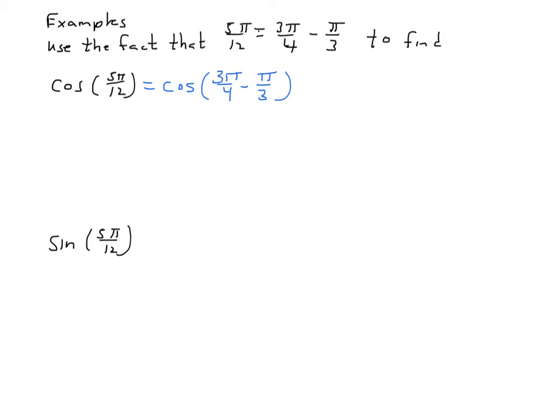And now we have that cosine difference formula. We know that the cosine of 3 pi over 4 minus pi over 3 will be the cosine of 3 pi over 4 times the cosine of pi over 3 plus the sine of 3 pi over 4 times the sine of pi over 3. That is that cosine difference formula that you should have written in your notes now.